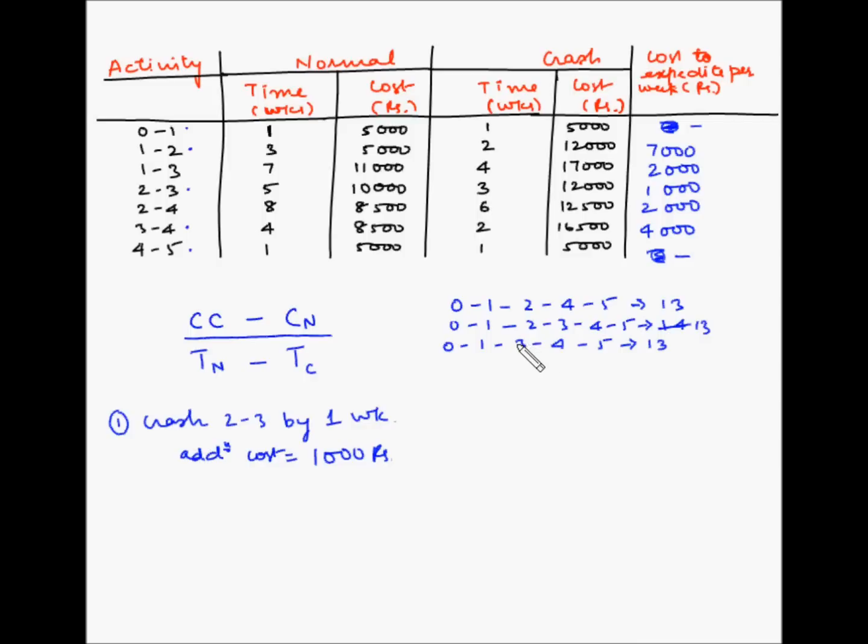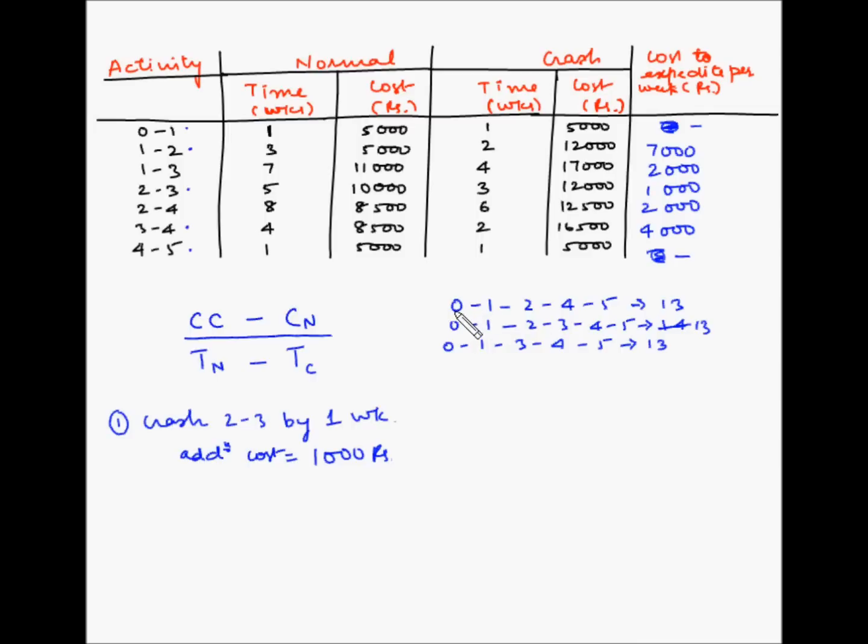So in order to further crash the project, we have to crash in such a way that all the 3 paths have a reduced duration. So now we have to identify activities on these 3 paths which can be crashed together. So the best option would be to crash an activity which is common to all the 3 paths.